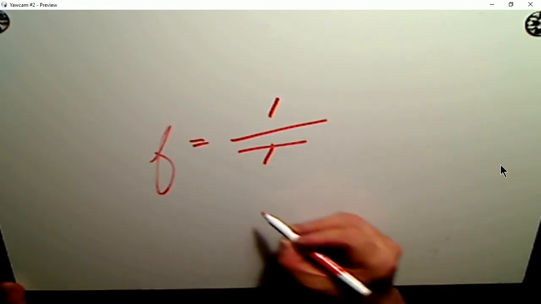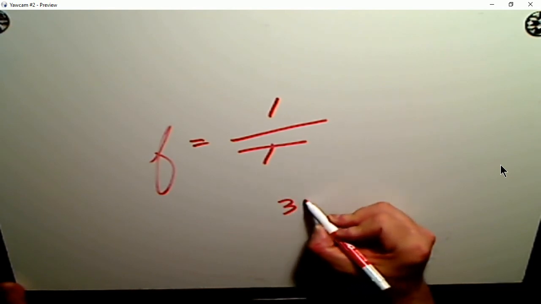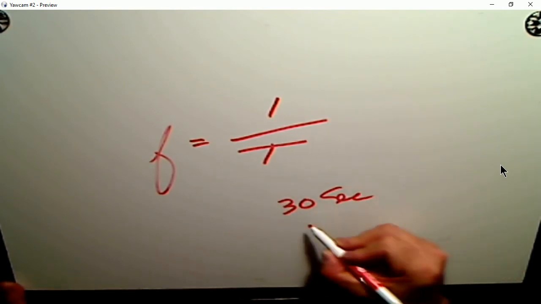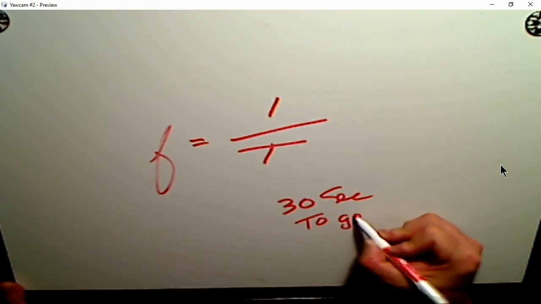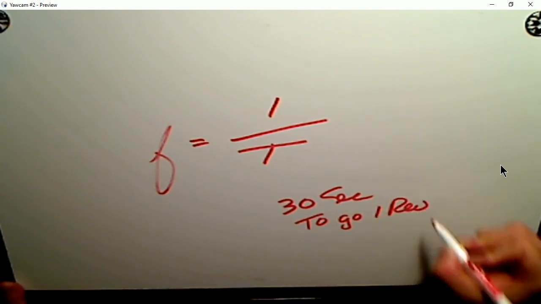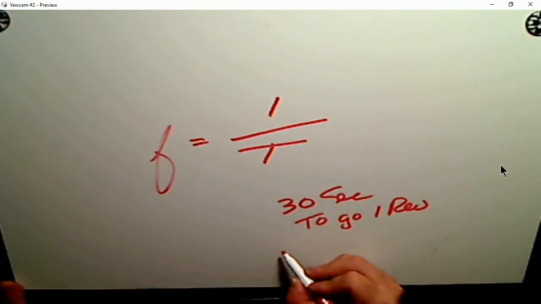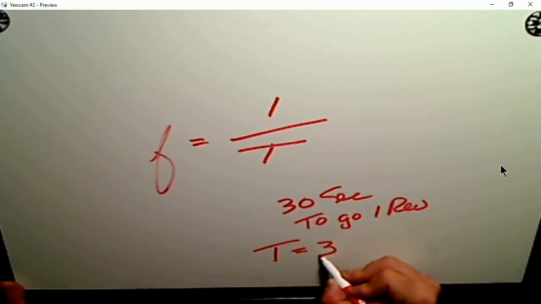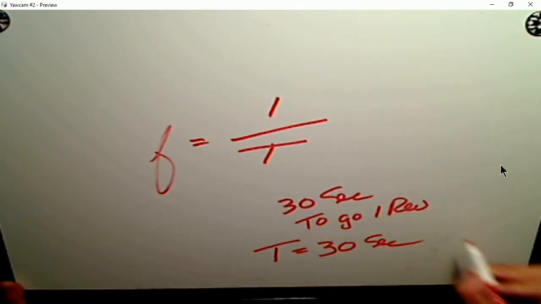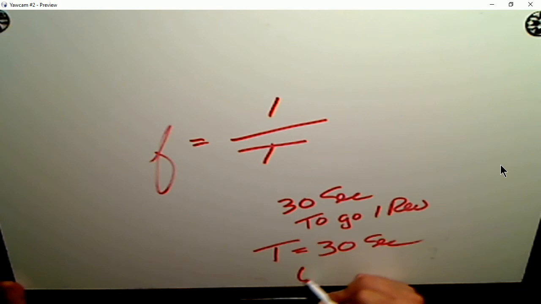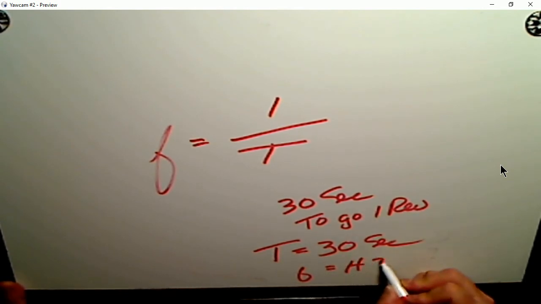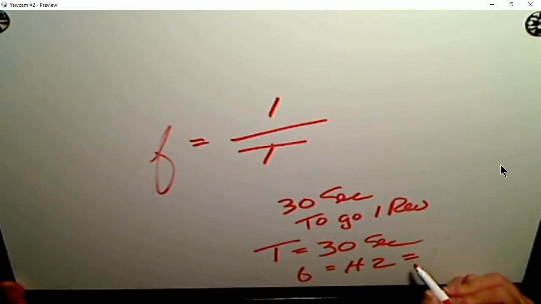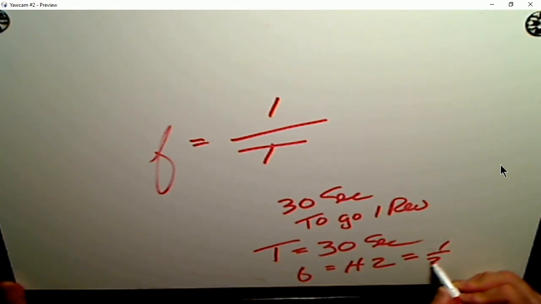So if it takes me 30 seconds to go 1 revolution, my period is equal to 30 seconds, and my frequency, which is in hertz, is equal to 1 over 30.